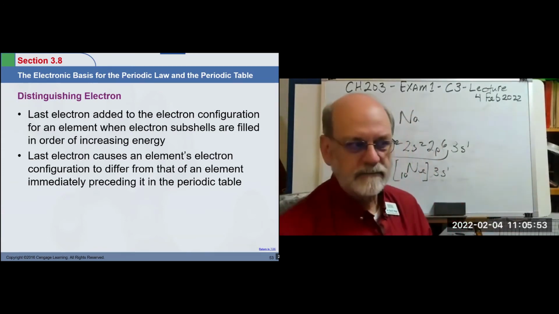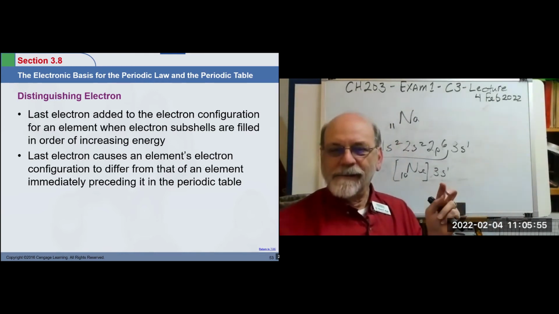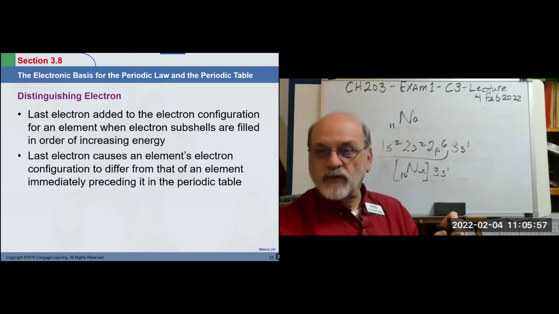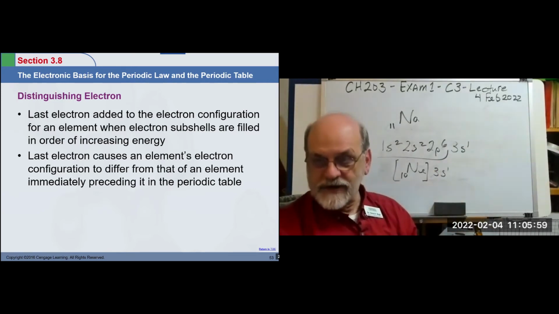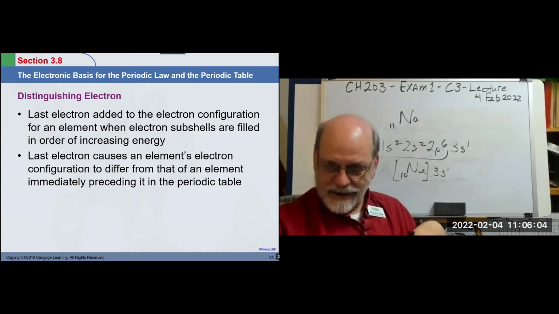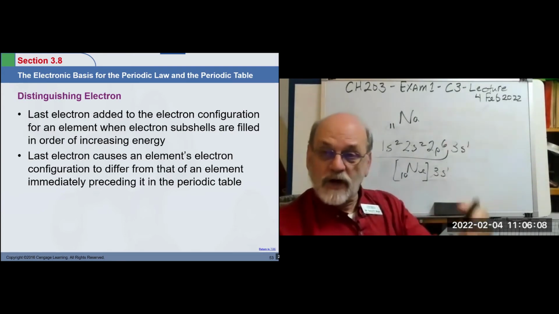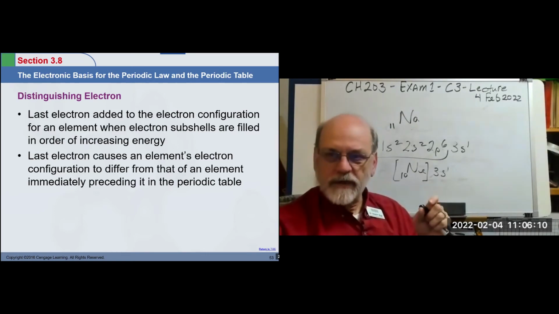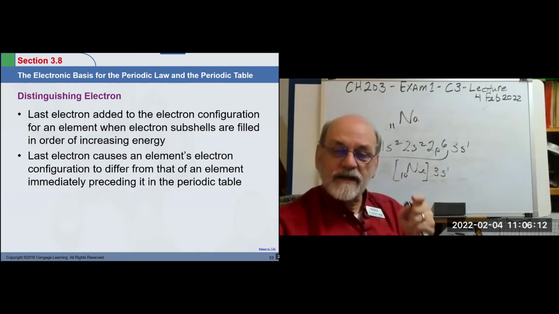Well, that's a no-brainer. Obviously, it does. That's why it moves into a different group, because now it's got a different behavior. That distinguishing electron created a new character, though it may be similar to others, with distinguishing electrons filling similar orbitals.